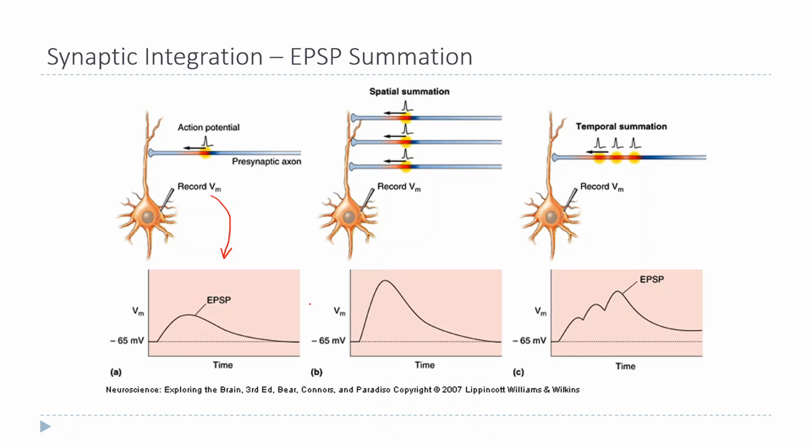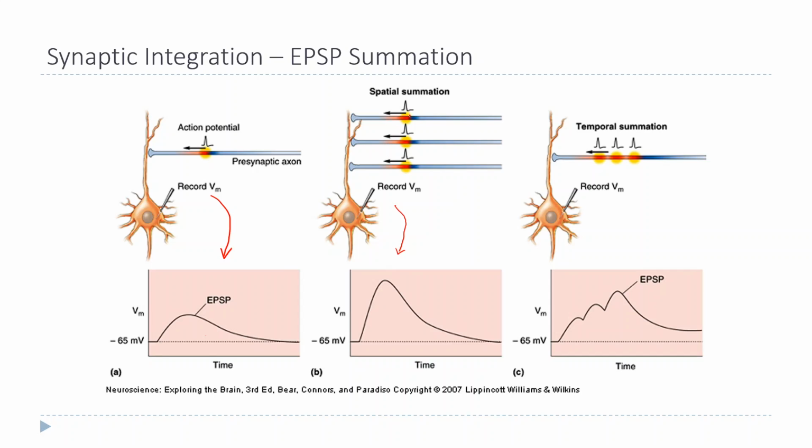But another thing that can affect the EPSP is if there are multiple synapses active at the same time. So over here, we're looking at the same neuron. We're recording, again, the membrane potential from the cell body. But this time, there are synapses from three different neurons, and all three are activated at the same time.